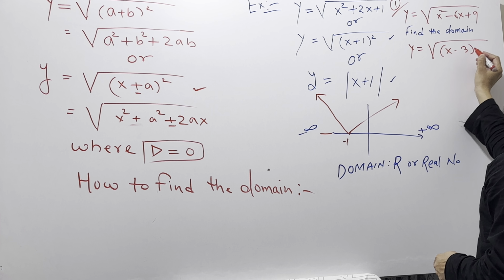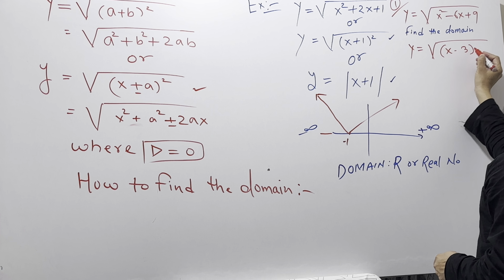Look, a square plus b square minus 2ab means minus 2 multiplied by 3 multiplied by x, which is minus 6x. So this one and this one are identical. So this is also equal to mod of x minus 3.